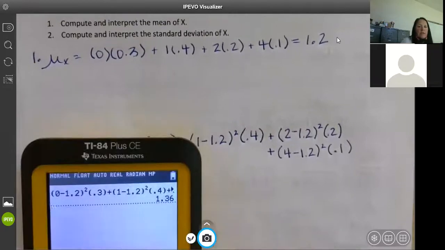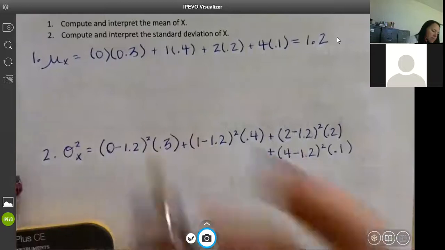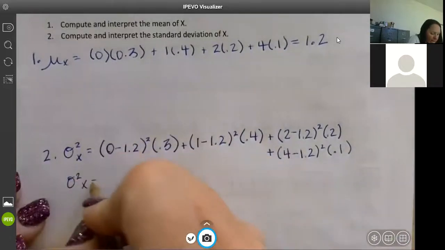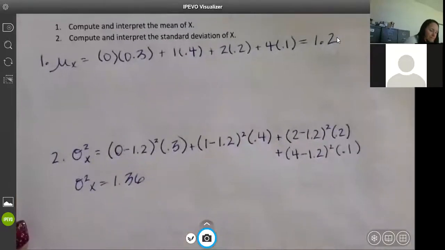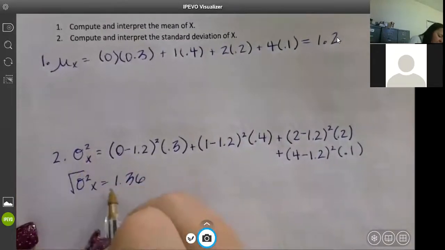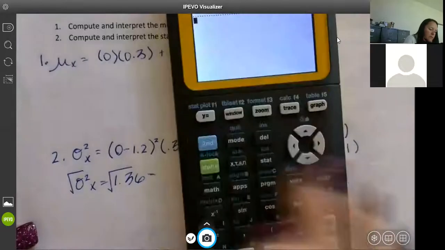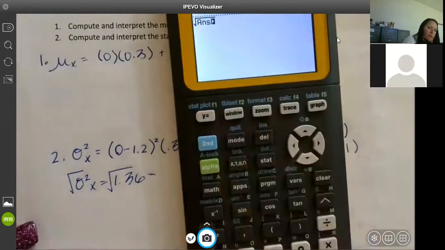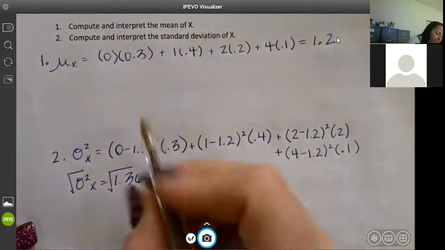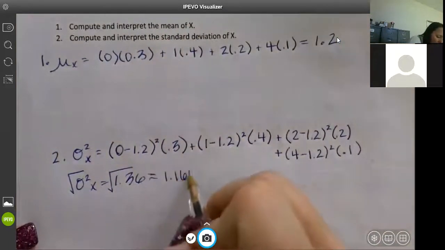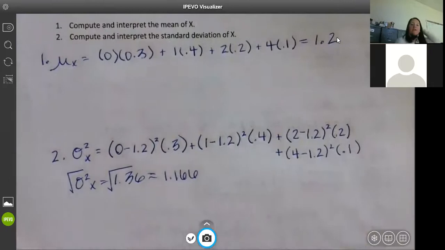So this gives us 1.36. And then what do I do to find the standard deviation? Square root your answer and you get 1.166. So there's your mean and standard deviation by hand.